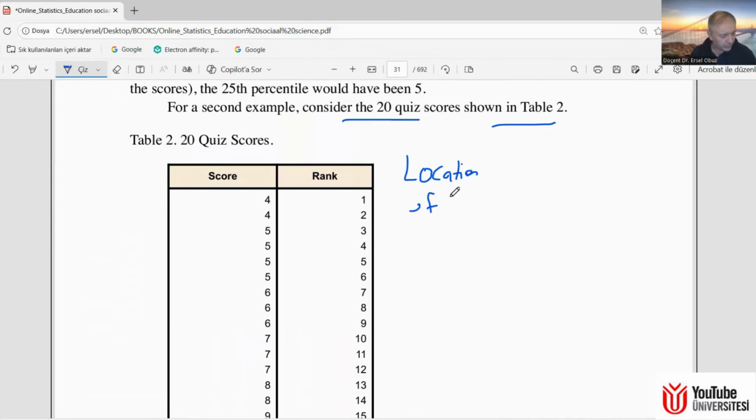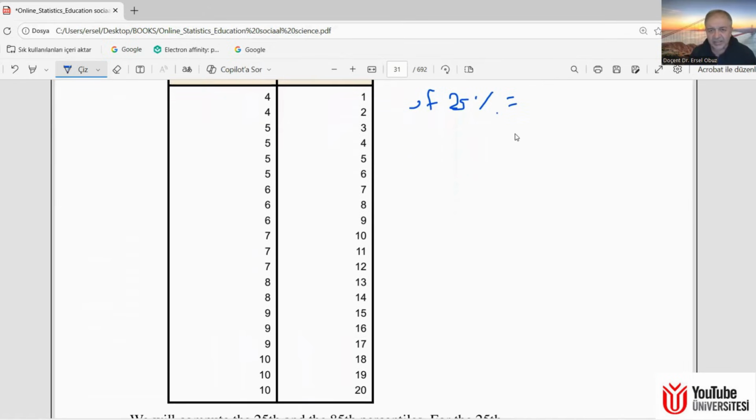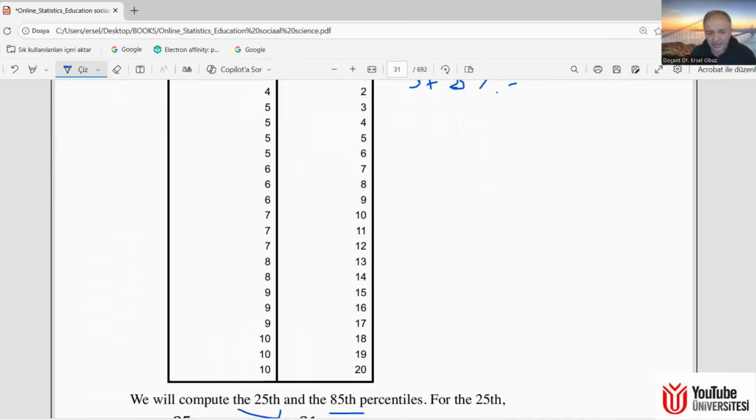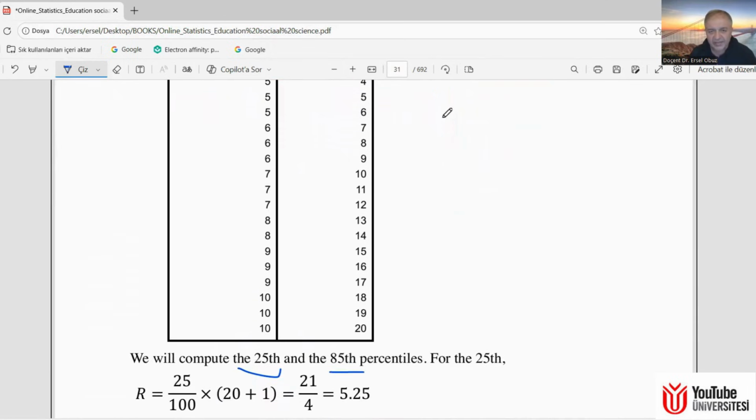R is the rank, 25 divided by 100 times how many students there are, 20 plus 1, so 5.25.